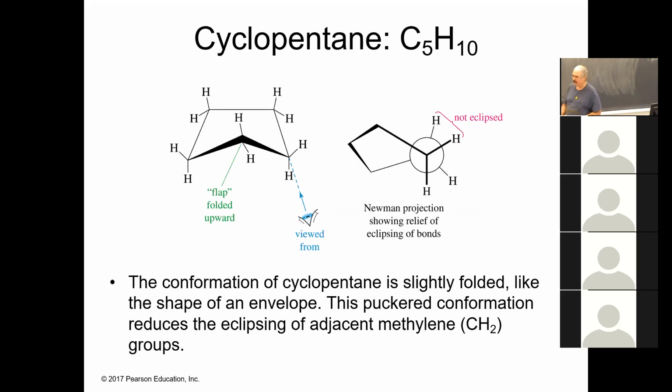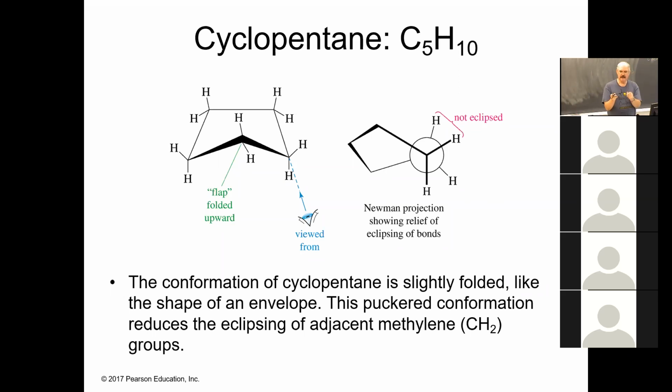Cyclopentane, the most stable arrangement is the envelope, in which 4 carbons are in the same plane and the 5th is above the plane.